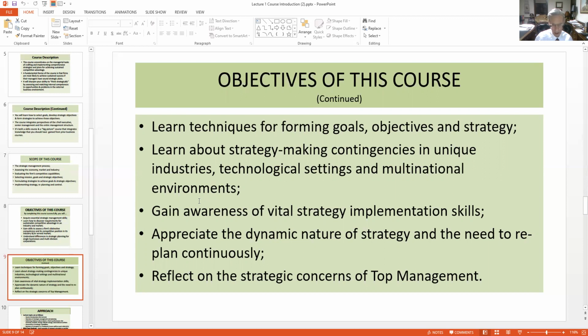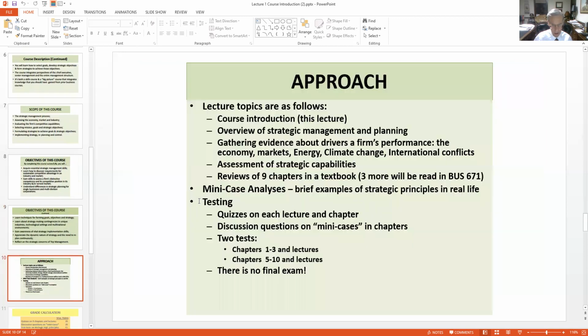Also, appreciate the fact that the external environment that we have to fit our capabilities to is always changing, and so are our capabilities. So strategic planning is dynamic in nature. It's constantly adapting, and then once again, give some thought to the concerns of top management as it looks at these strategic management issues.